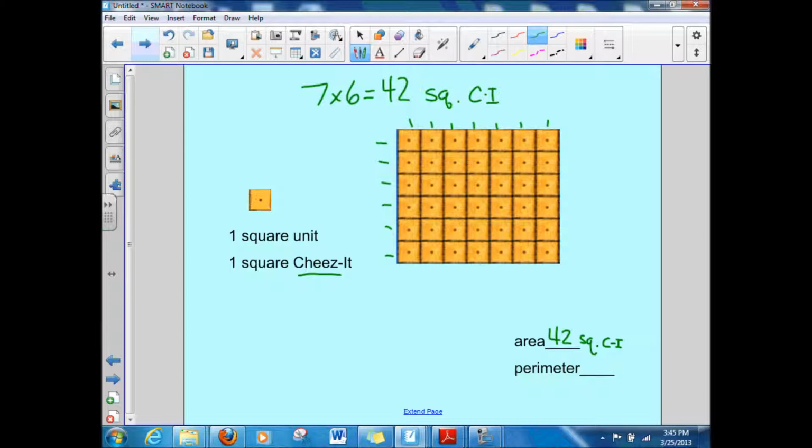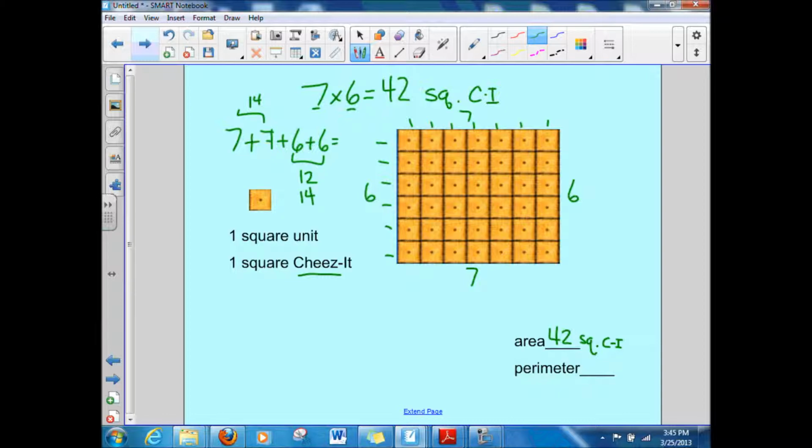And the perimeter, we said one side is 7, so that's this side, and it's a rectangle, so this side is 7. One side is 6, and that's this side, and the parallel side is 6. And we're going to add those together. 7 plus 7 plus 6 plus 6 equals, let's see, we've got a doubles fact here, that's 14, and a doubles fact there, 6 and 6 is 12. 12 and 14.